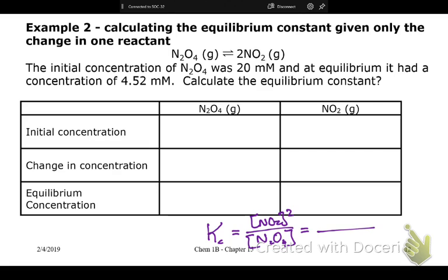And that's going to be 30.96 times 10 to the minus third squared, divided by 15.48 times 10 to the minus third. And I think you get 0.211 when you do it again. Better double check. It's supposed to come out the same because it's the same reaction, and I just used the same reaction for two different problems.